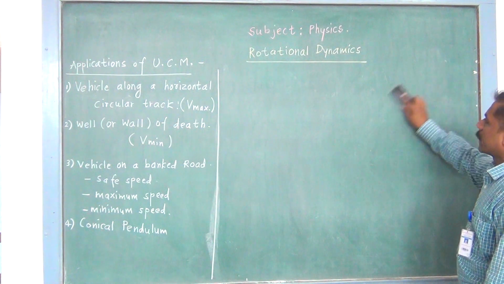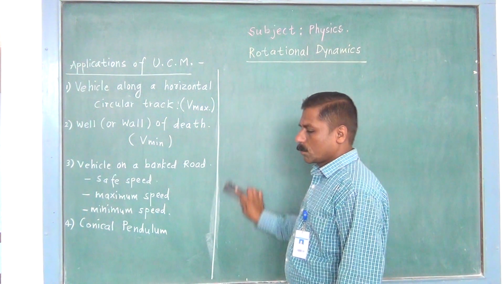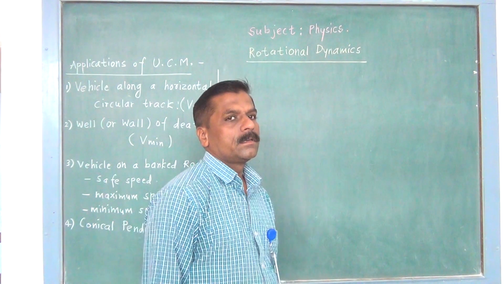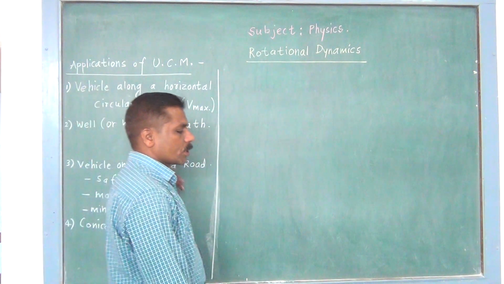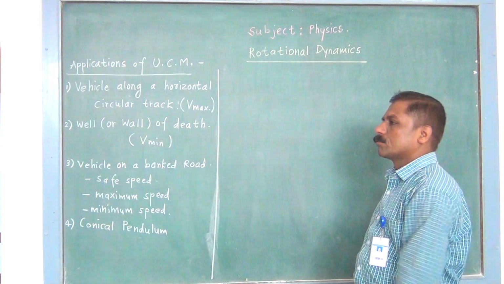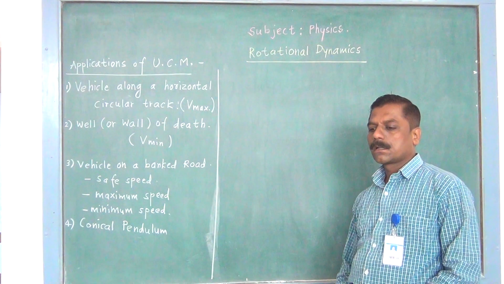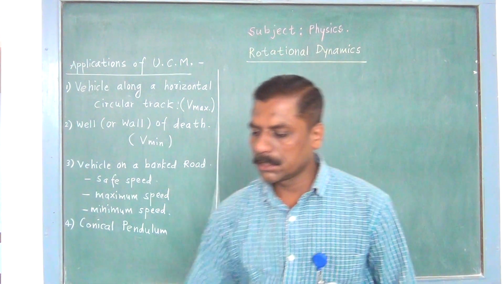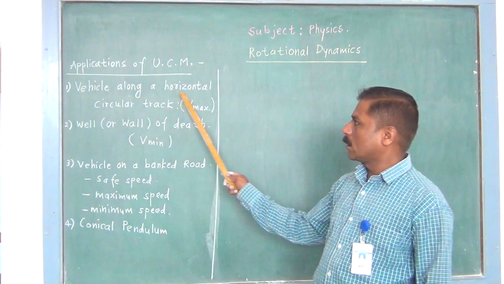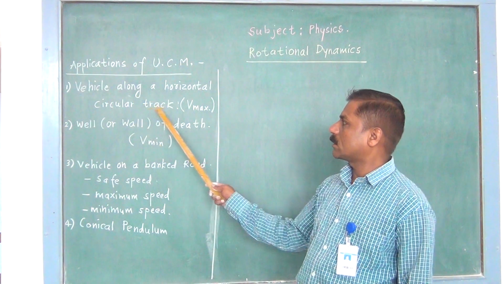Now we are interested to explain the applications of uniform circular motion. Already I have written the applications which we want to discuss here. The first application is a vehicle along a horizontal circular track.